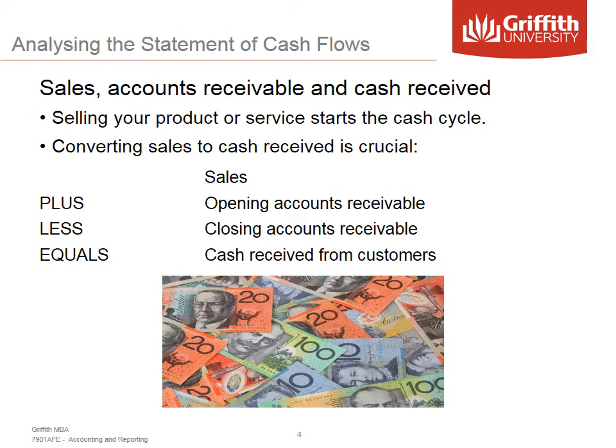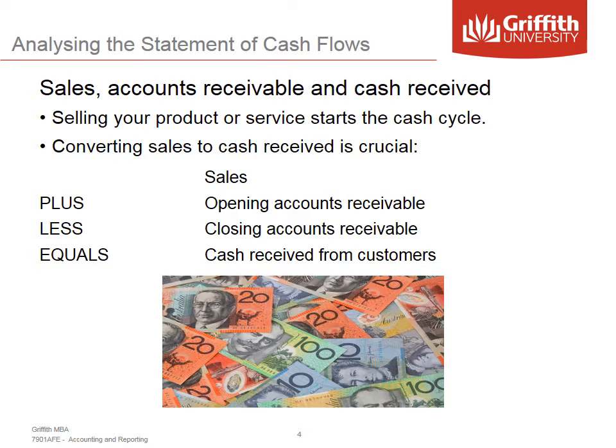Here are other reasons why the cash flow from operations may be different from the profit figure. When we sell our products, we don't always receive the cash at the same time. And so while selling the product or service starts the cash cycle, what we then have to do is convert those sales to cash.